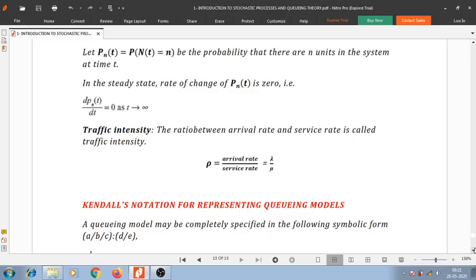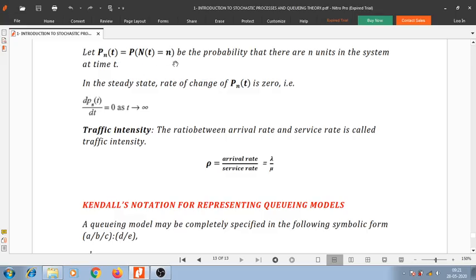Now the last one. What is the last one here? Traffic intensity and Kendall's notation. See, earlier I discussed P_n(t). What is the P_n(t) here? The probability that N(t) is equal to small n. What is the N(t)? The counting process, I just discussed, right? N(t) is equal to n. What is the small n here? n customers. P_n(t) is the probability that there are n units in the system at a time t.